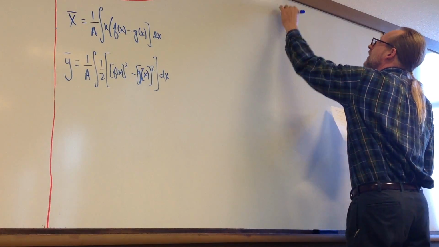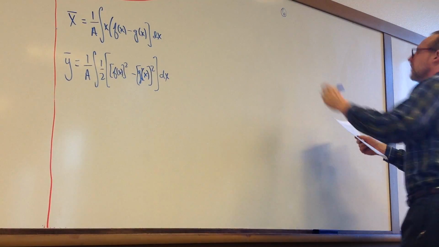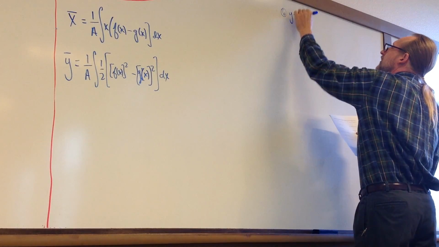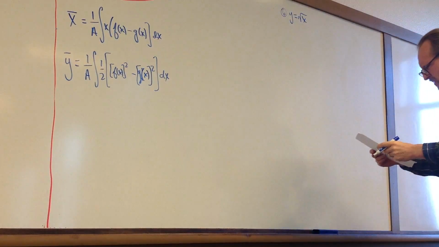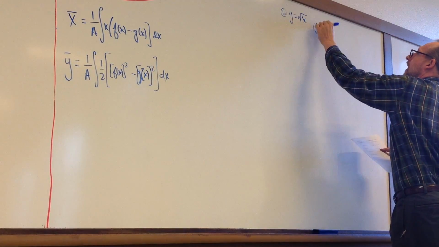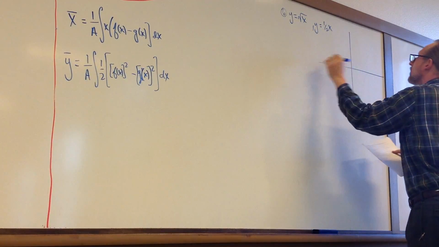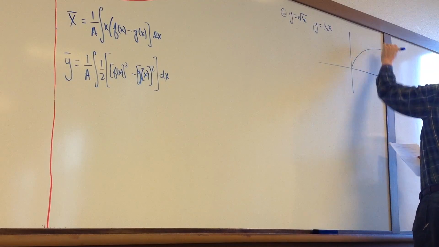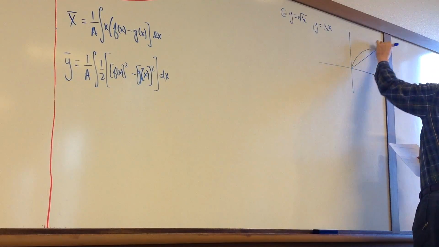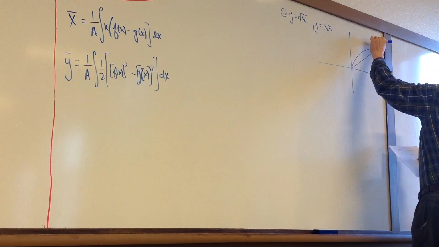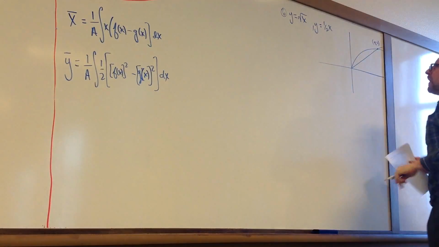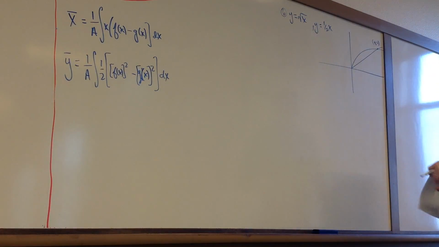Problem 6, we're working with y equals square root x and y equals a half x. So those two functions are going to do this and this. And that point of intersection is the point where the square root is equal to half the number, or the point 4, 2.